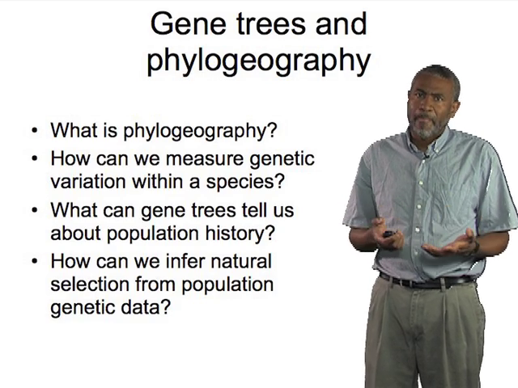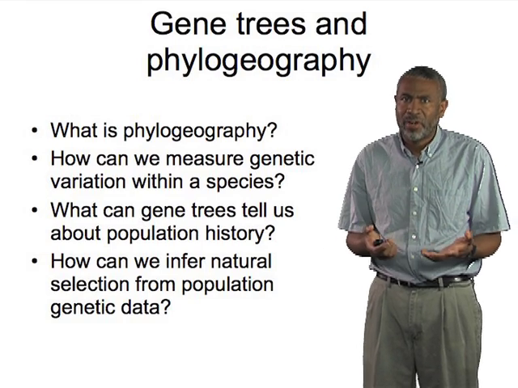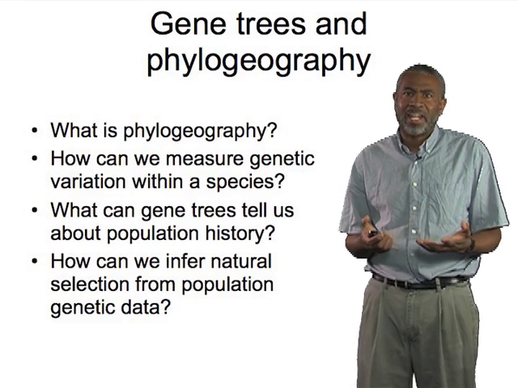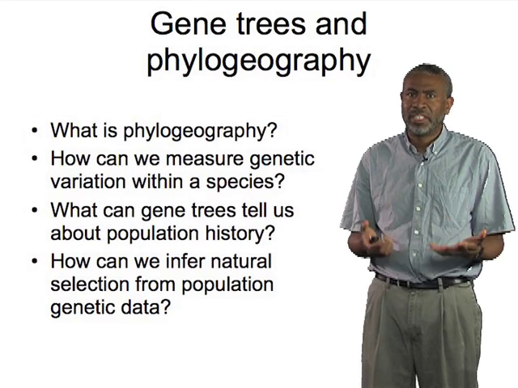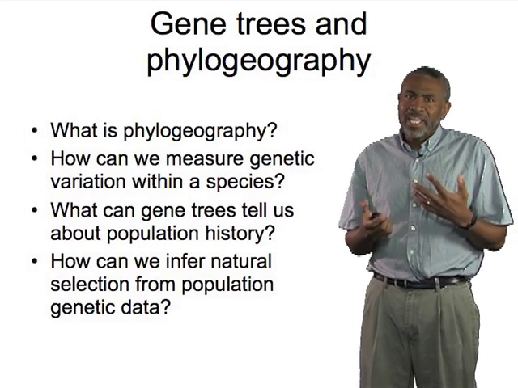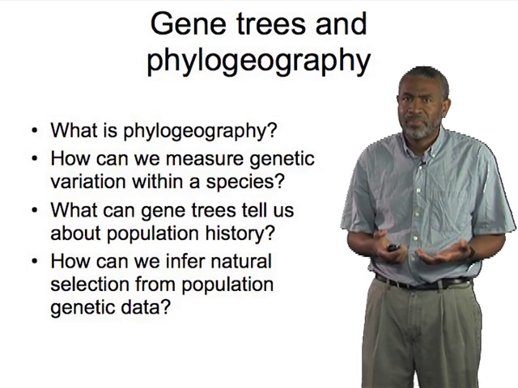So to begin, phylogeography is using genetic variation and looking at it in the context of gene trees or genealogies of alleles, and linking those genealogies with the geography of the genetic variation.